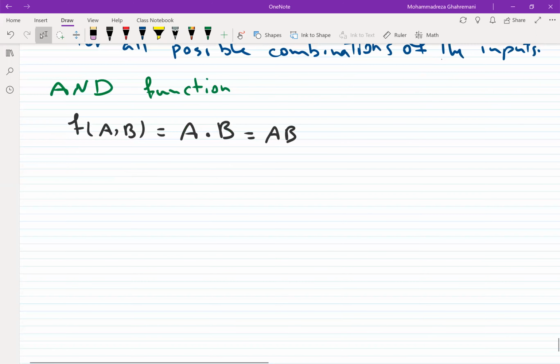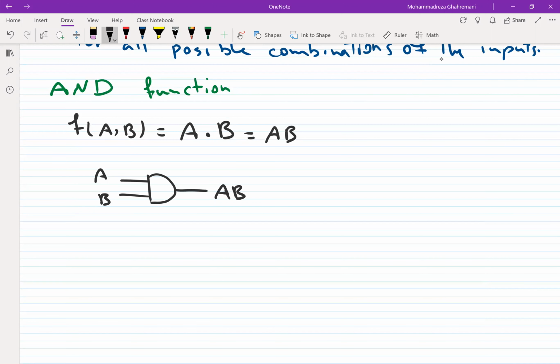The symbol for AND function is like this. It has some inputs and one output. Here in this example, we have two inputs, but it can have more than two inputs. So input A, input B, and the output is A, B.